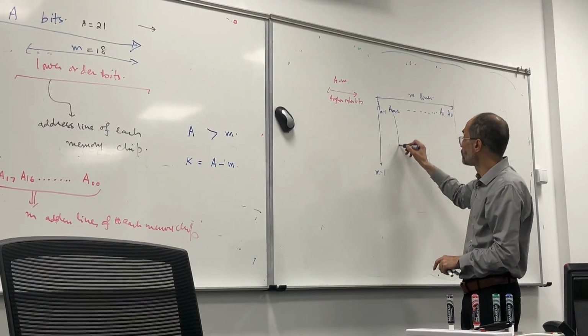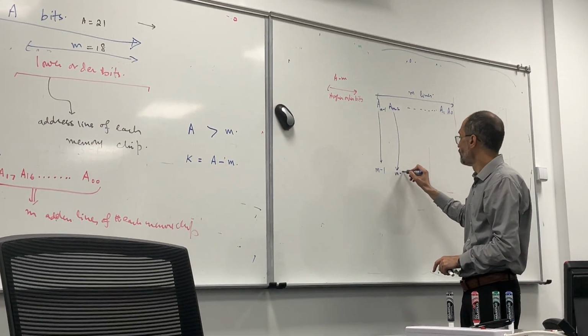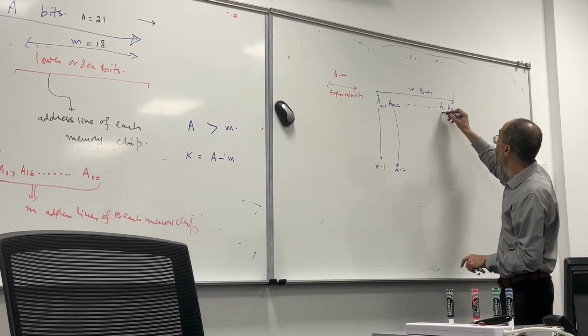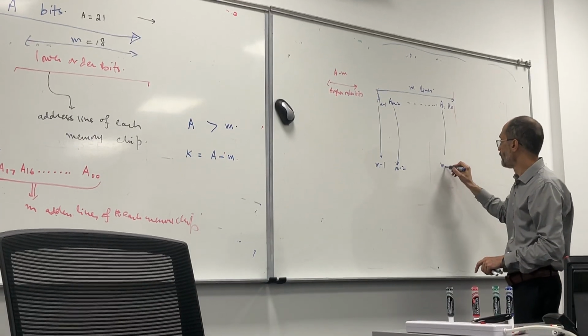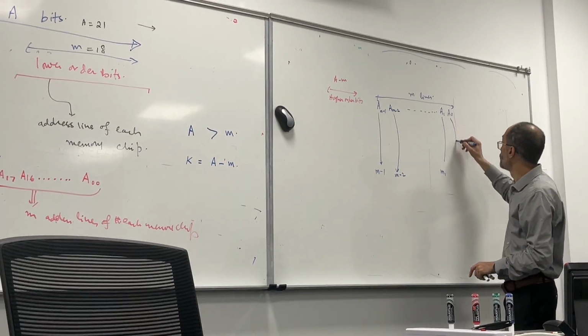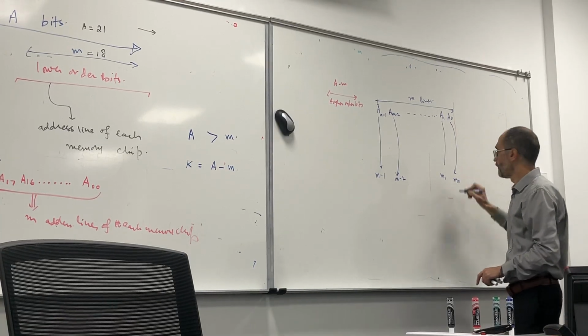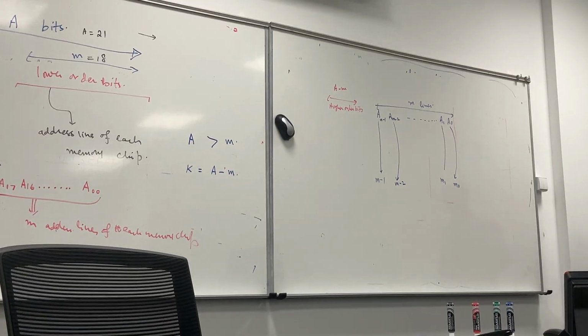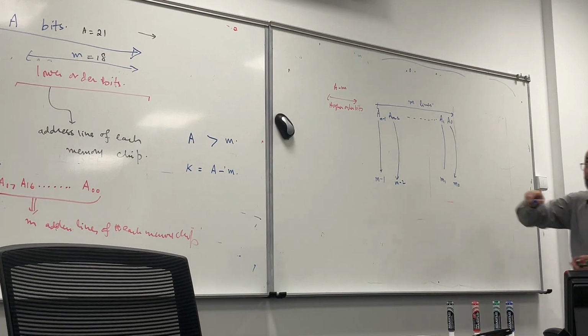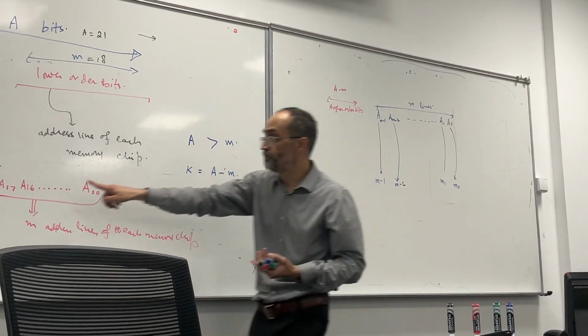A M minus 2 will be connected to M minus 2, A1 will be connected to M1, and A0 will be connected to M0.